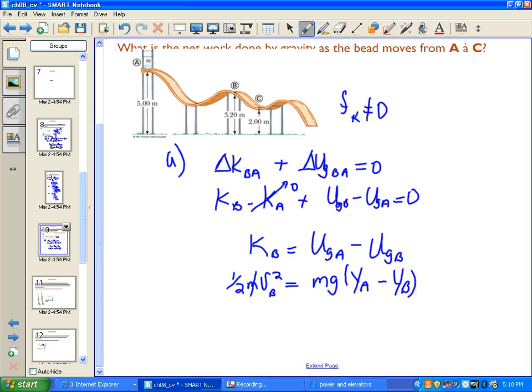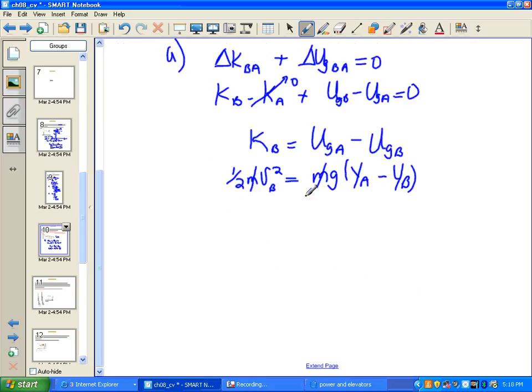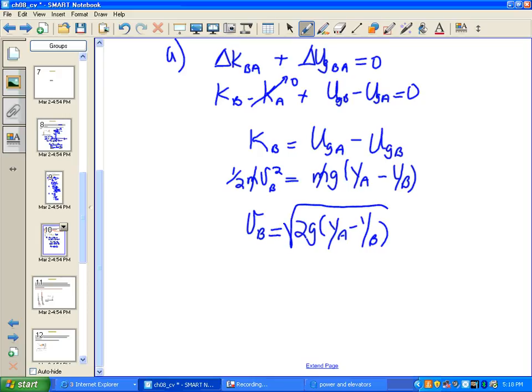Now, can we not divide out the masses, so that in fact the mass of the bead is really unnecessary in this problem? v_B is equal to the square root of 2g(y_A minus y_B), and of course we mustn't forget to take the square root.